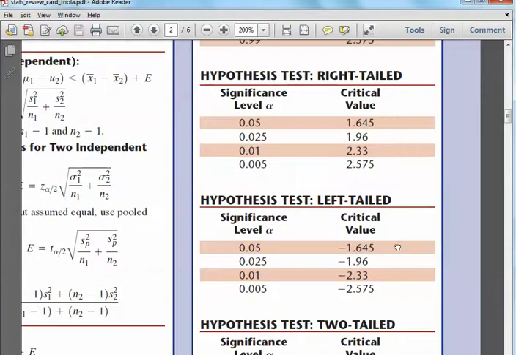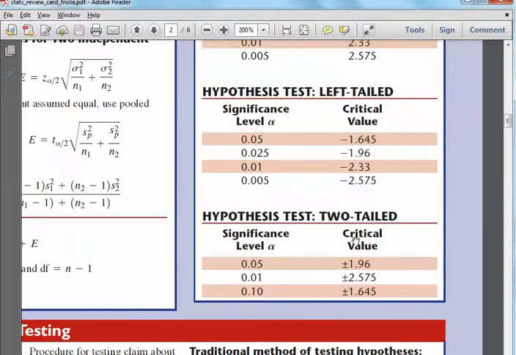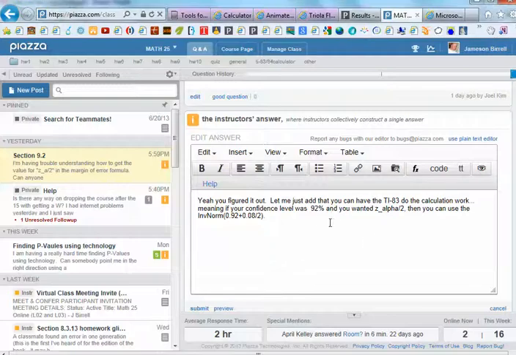And you'll notice down here that when you're doing a two-tailed hypothesis test using the normal distribution, we've got the same thing going on, but it states it instead by its complement, the significance level, rather than by confidence level like 90, 95, 99. And I was starting to state that in my answer.